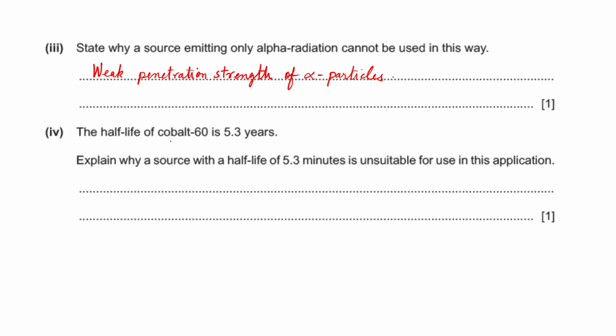Then comes the half-life of cobalt 60, which is 5.3 years. Explain why a source with a half-life of 5.3 minutes is unsuitable for this application. You would have to replace the source every 5.3 minutes, so we have to replace the source more often.